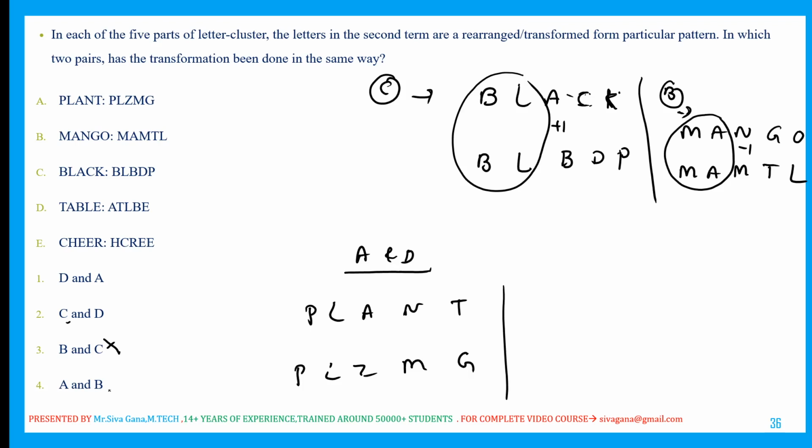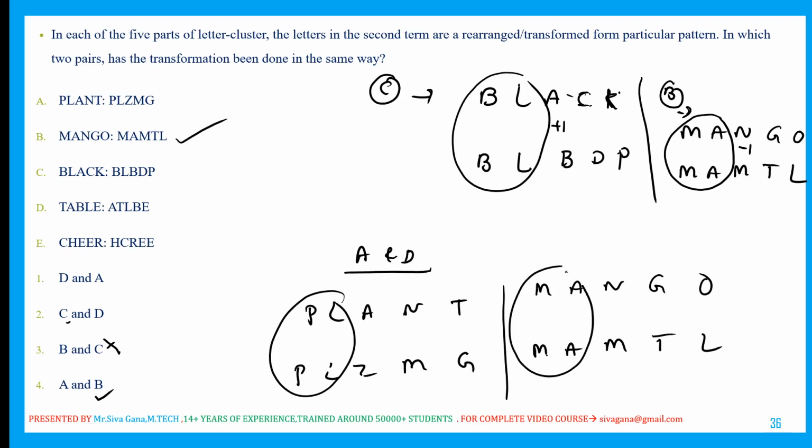A and B. Yeah, B is this one. Mango, mamtl, right? So pl, ma, that's cool. This is -1. This is also -1.